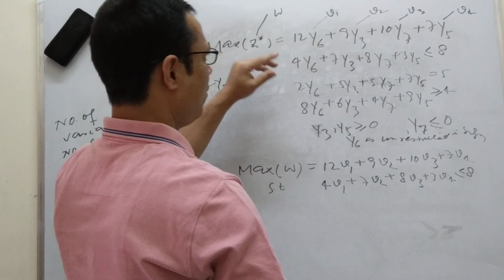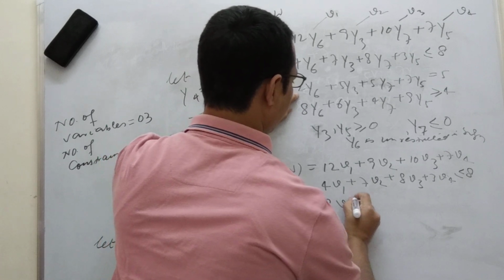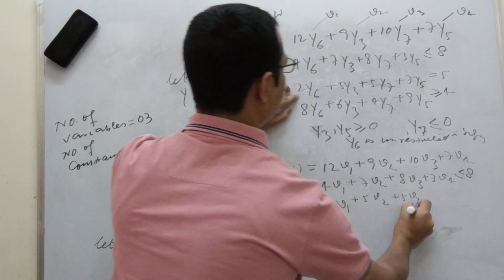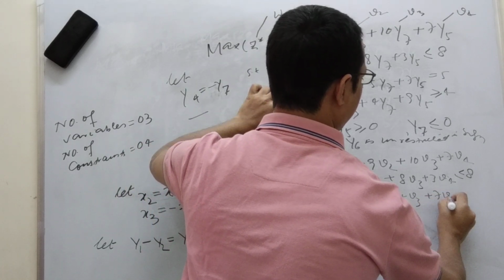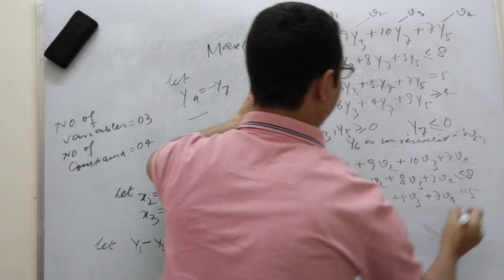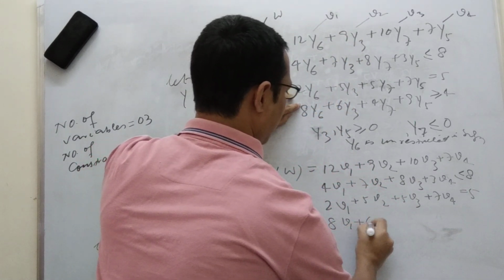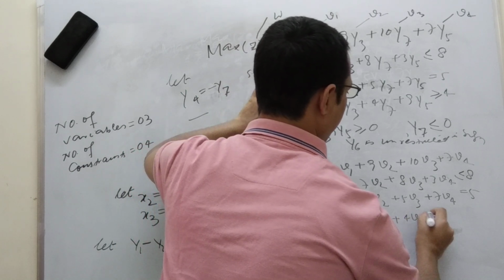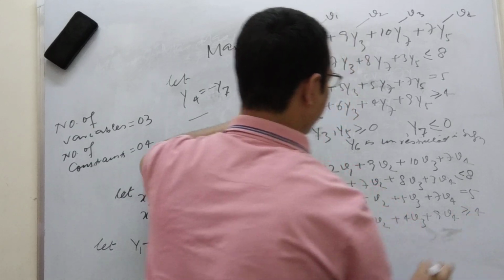I am just going to replace each variable with its respective name. 2 v1 plus 5 v2 plus 5 v3 plus 7 v4 is equal to 5. 8 v1 plus 6 v2 plus 4 v3 plus 9 v4 greater than or equal to 4.